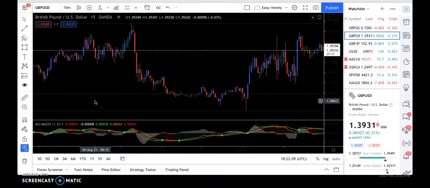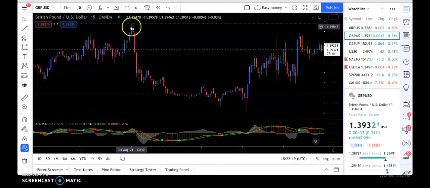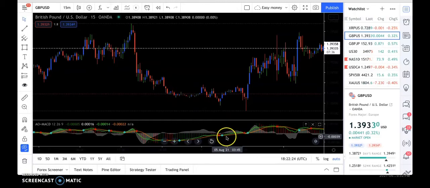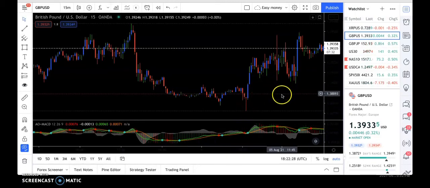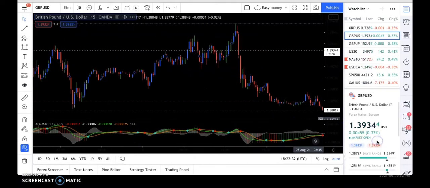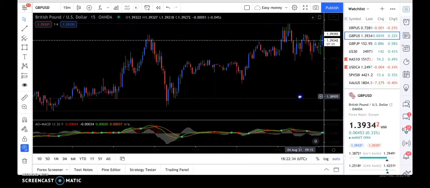But the reason why I like the MACD, for psychology reasons, is it gives you dots. This is a red dot letting me know to look for sales. Look at this, it matches up perfectly. A green dot lets me know to look for buys. Boom, matches up perfectly.